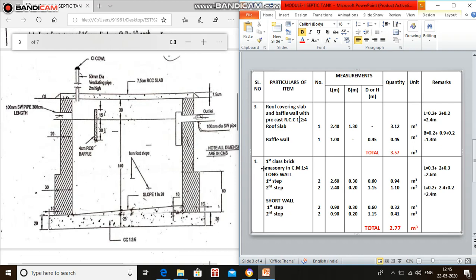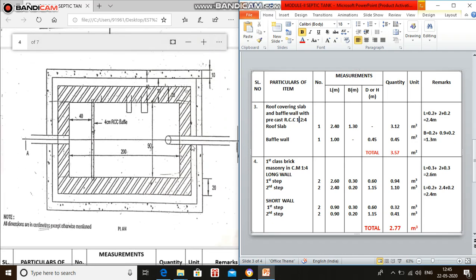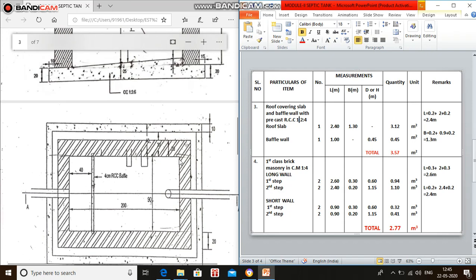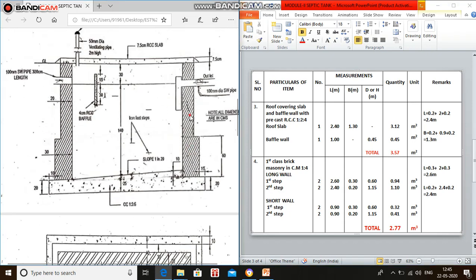Then coming to item number 4, first class brickwork masonry in CM 1:4. So here we can see the long wall and short wall. These two are the short wall, and this one is the long wall. And here we have two steps, step 1 and step 2.